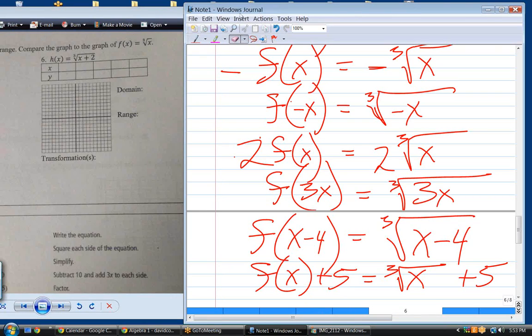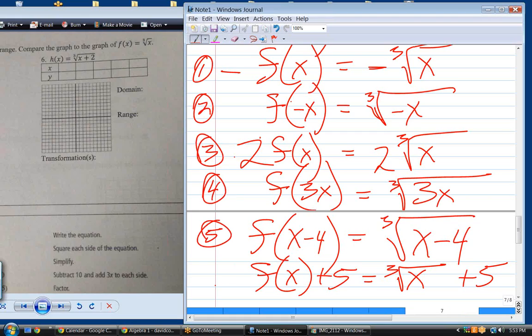Let me label these and you tell me the number. Is it number 1, number 2, number 3, number 4, number 5, or number 6? I don't mean exactly. I mean the type of transformation. Each of these is a different type of transformation.